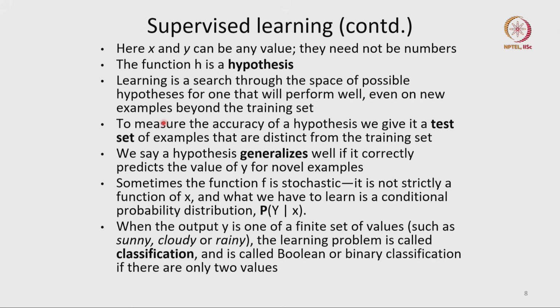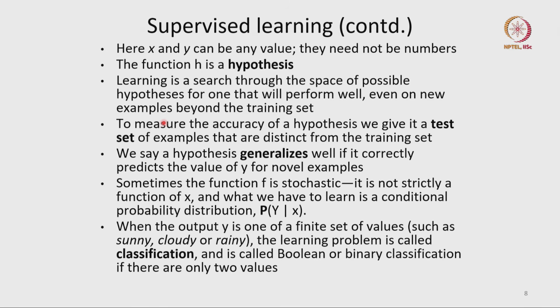So, you have a test set of examples and you know the class labels for those. So, after predicting the class label, you see how many of them you get right, and that will be what is called the classification accuracy of your hypothesis.